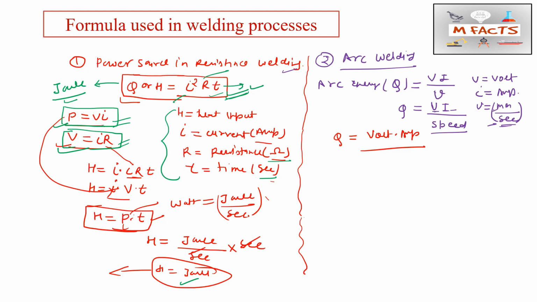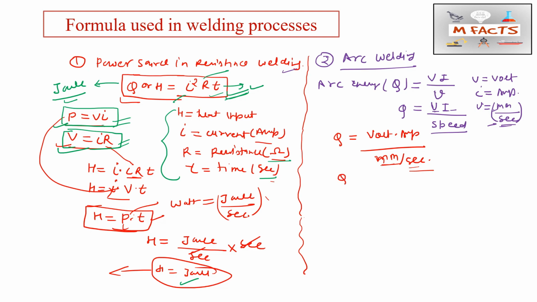And this speed unit is per second. This may be in millimeter per second, or millimeter per minute. In questions they can give minutes or hours, but we will change it into seconds. The length unit doesn't matter, but the second matters. How?